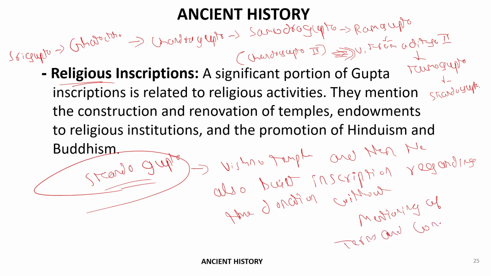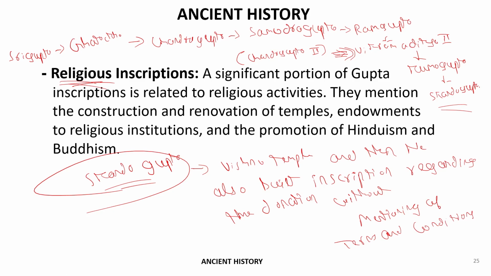Got it? So basically, Skandagupta, who was the last great ruler of the Gupta dynasty, made a donation to the Vishnu temple for a religious purpose, and then he built the inscription regarding the donation, saying that yes, I had granted land to this temple, but what he didn't do was mention the details and terms and conditions regarding the donation.